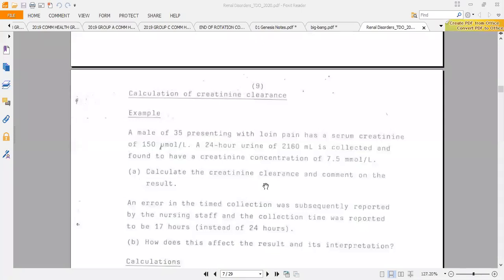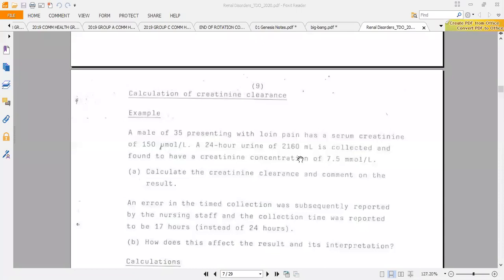What's going to happen is that you measure the person's serum creatinine level, and here we are getting something like 150. Then look at the time, over this 24 hours. Within 24 hours, you collect all the urine.